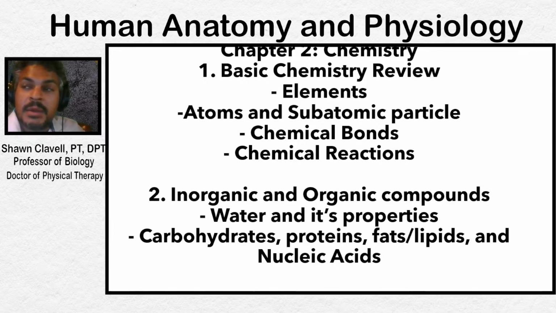And then chemical reactions: metabolism is all of the chemical reactions that occur in the body, millions, if not more, at any given time. Understanding that homeostasis is a process of ebb and flow where we modulate around a set point.